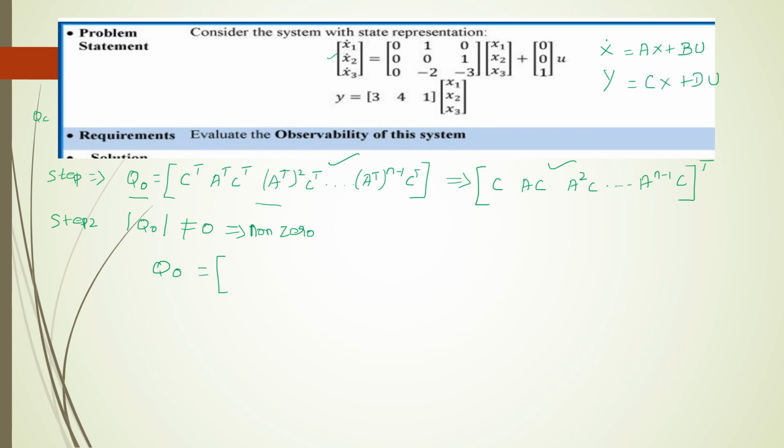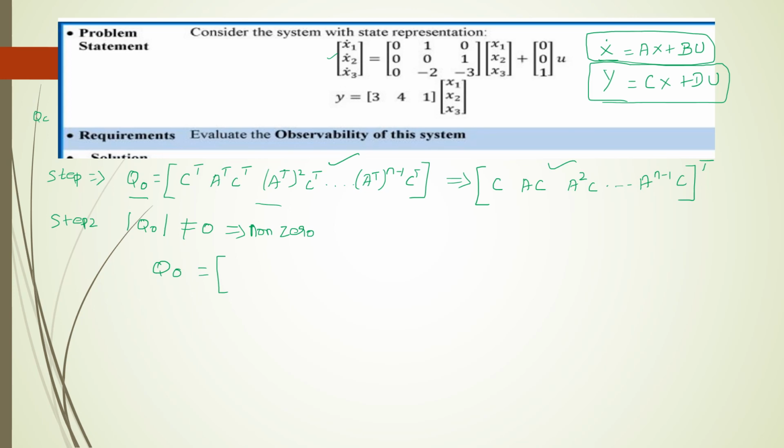To find controllability, we compare with the first equation to find A and B. To find observability, we compare with y equal to Cx plus Du to find what is C and what is D.